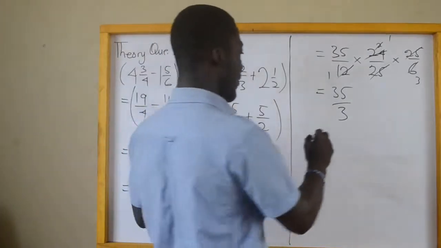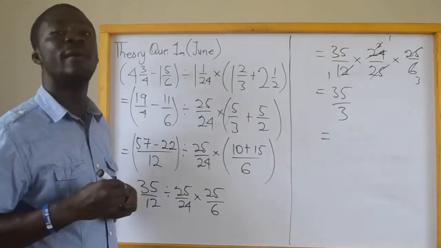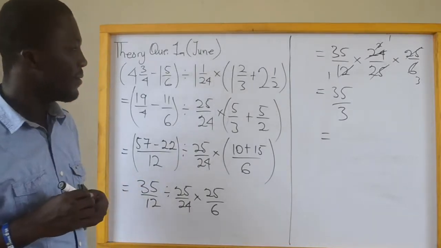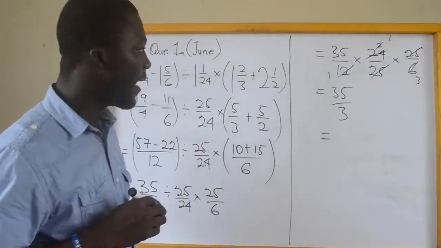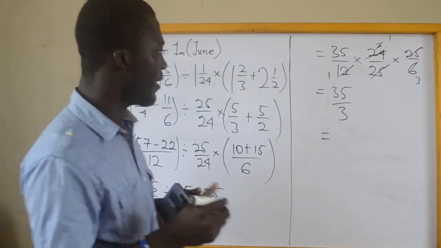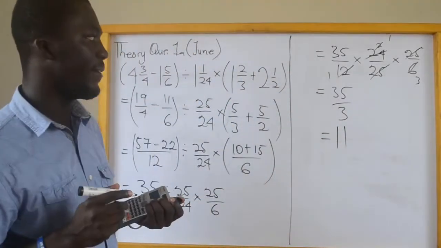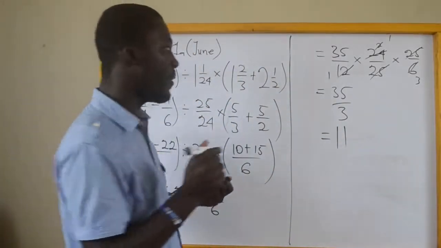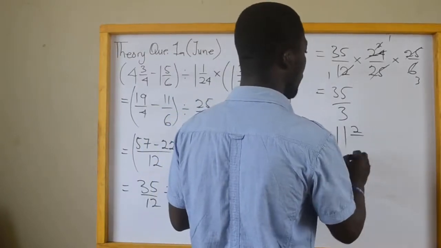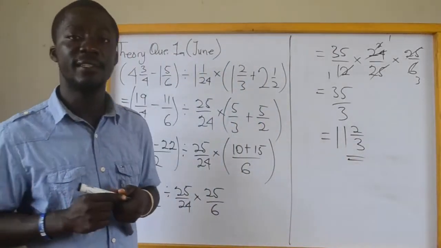And we can continue by converting the improper fraction to a mixed fraction. So 35 divided by 3, evenly, we are going to get 11. 11 times 3 is 33. So it will be left with 2. Remember, that's 2 over 3. And that will be our final answer.